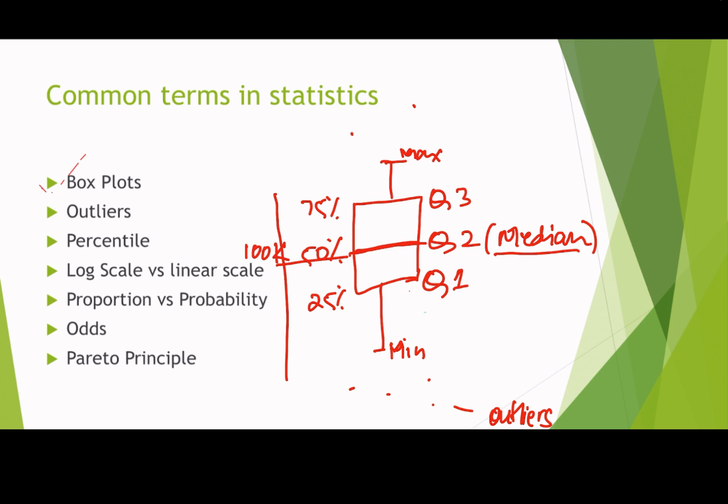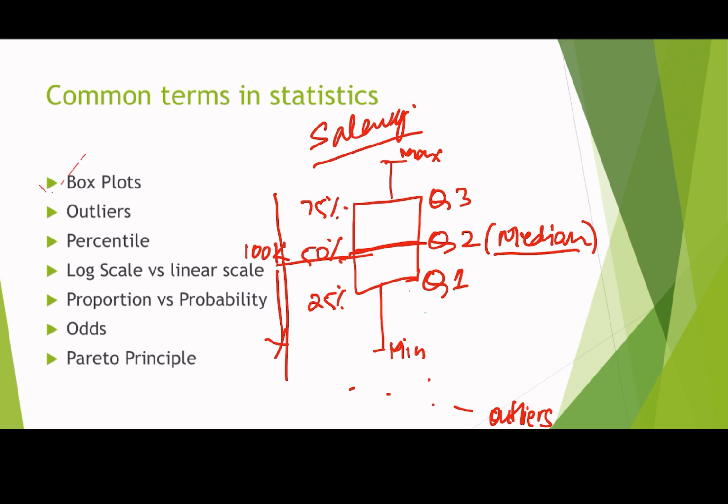Then a Q2 of 100K would mean that 50% of the people, say in this hypothetical example case where we are plotting salary in this box plot, it would mean that 50% of the people are earning less than 100K.